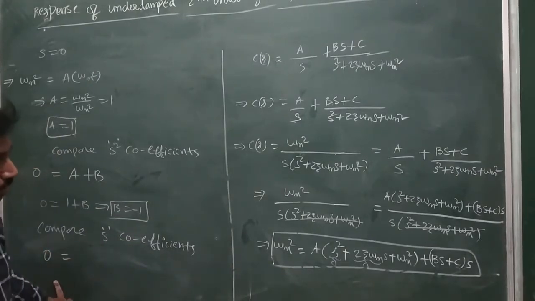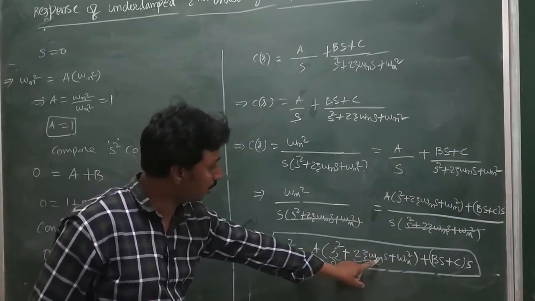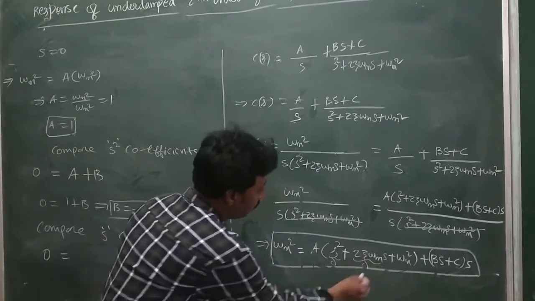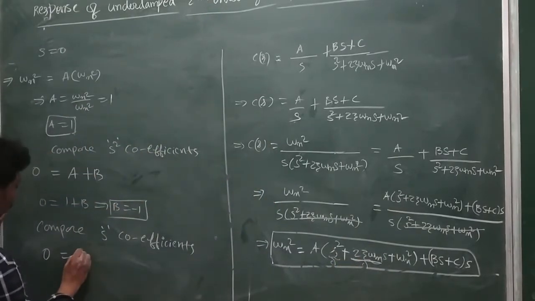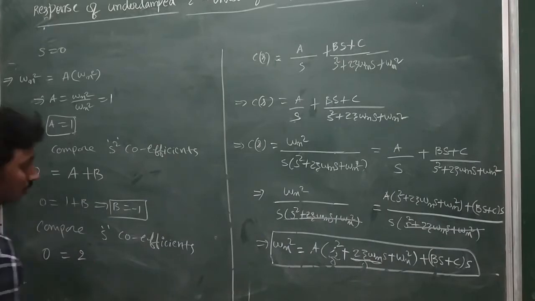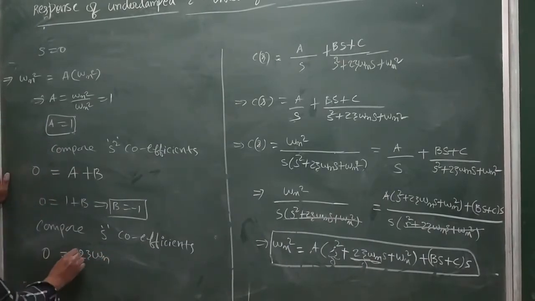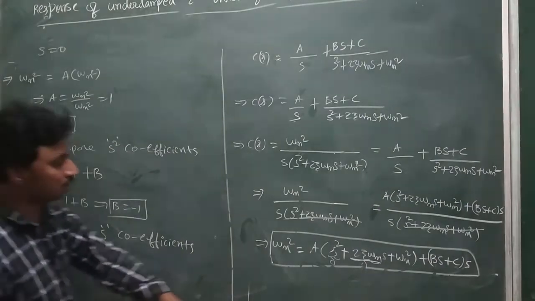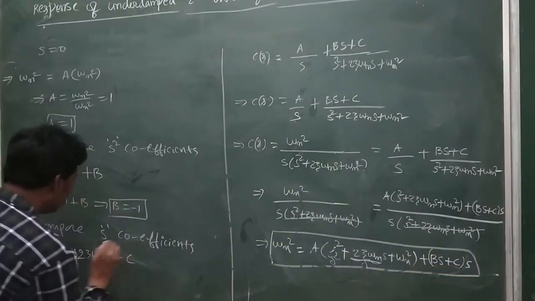So s coefficient is 0, and on this side if you multiply a into 2 zeta omega n s, what is the s coefficient? S coefficient is 2 zeta omega n a, right? This is the s coefficient. Here what is the s coefficient? So c, s coefficient is c.